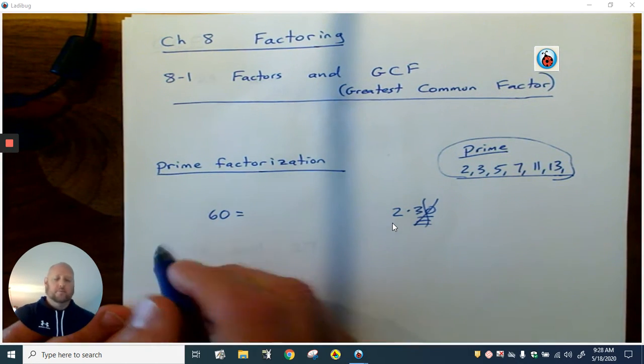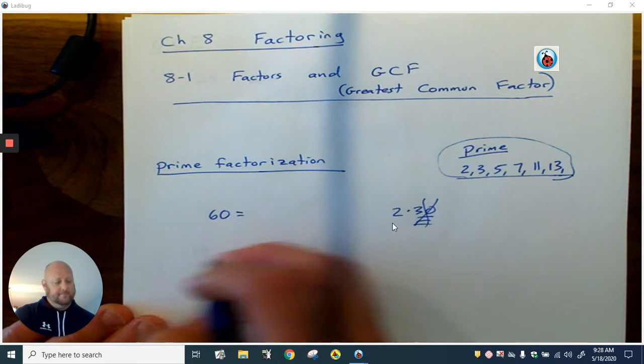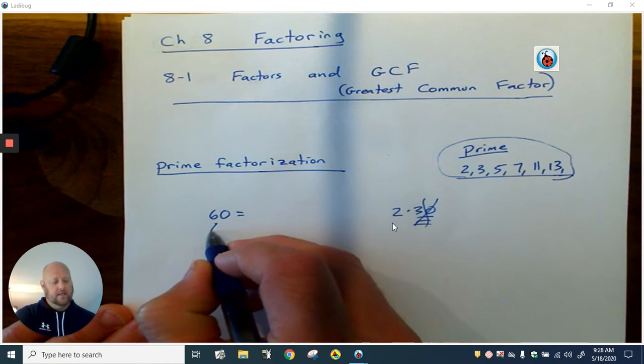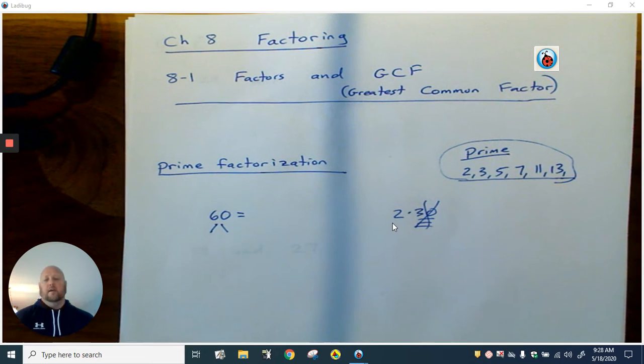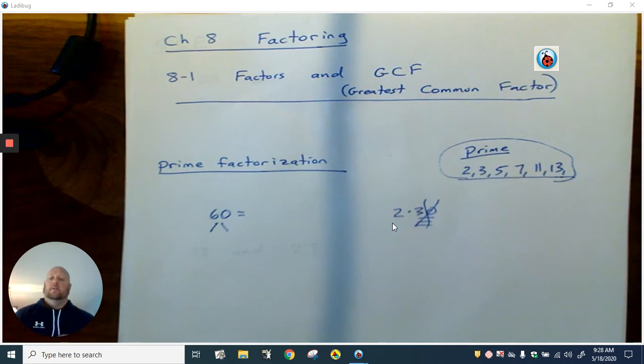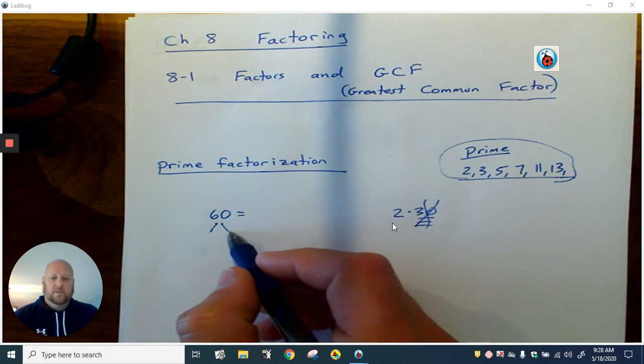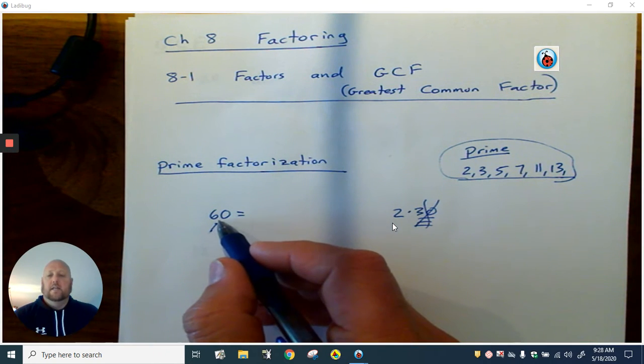There's a couple different ways to do this. My favorite way is what we call a factor tree, okay? Basically, we make a tree, and it really doesn't matter what numbers you use here. You just ask the question, what 2 numbers will multiply together to get 60?